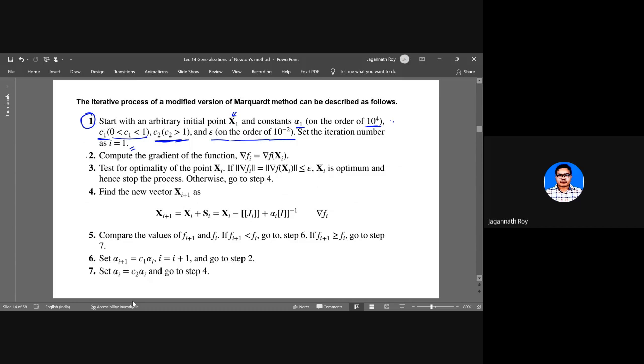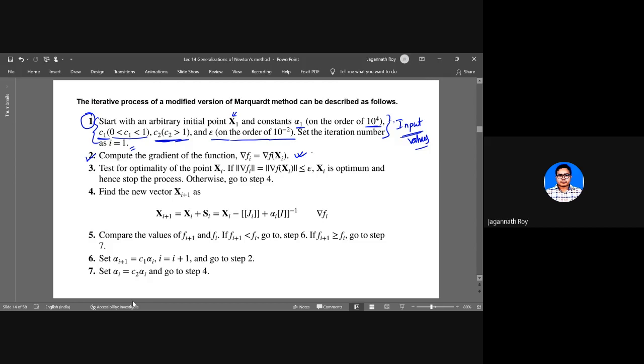The first task is to set these initial points. So these are input values, and then compute the gradient at the xi point.